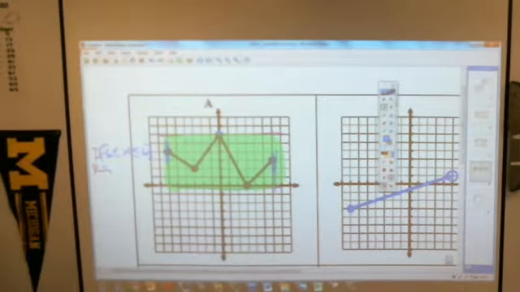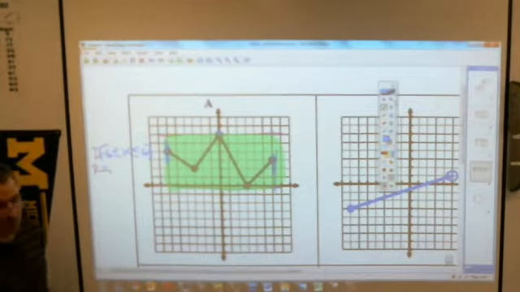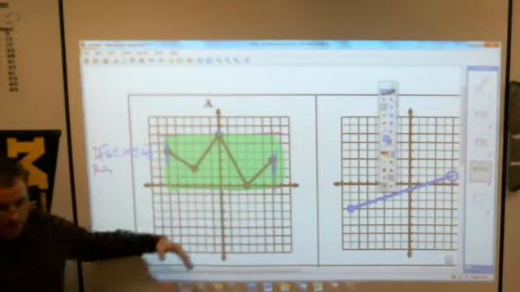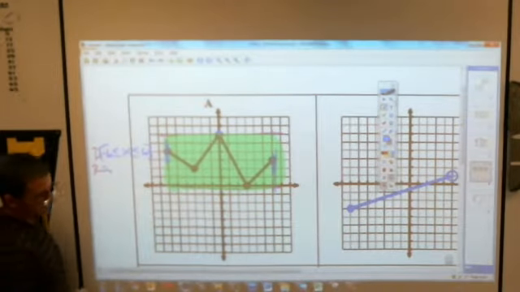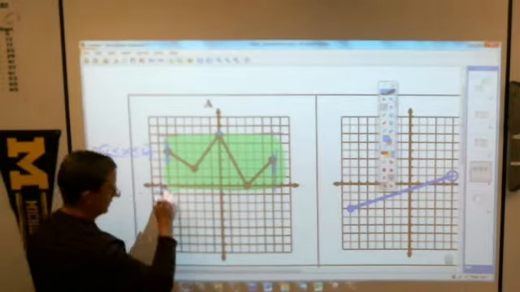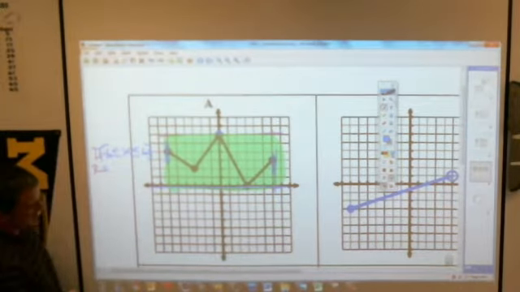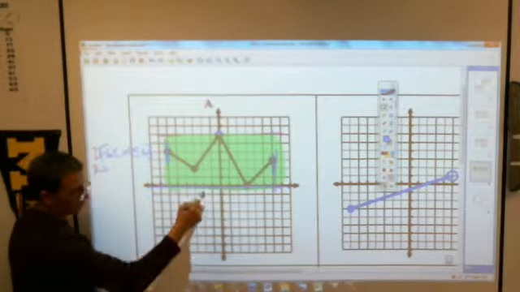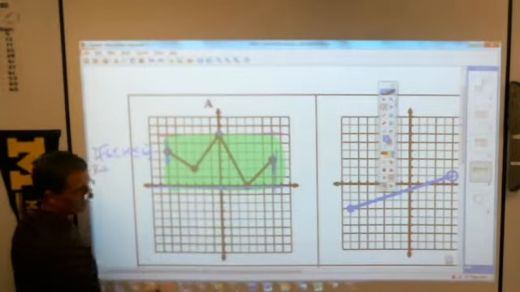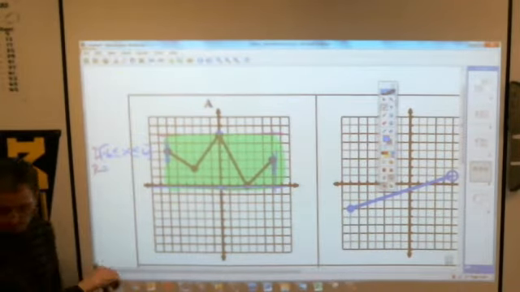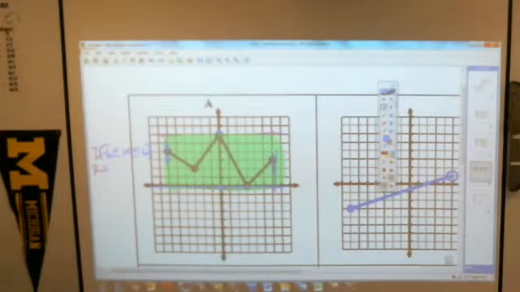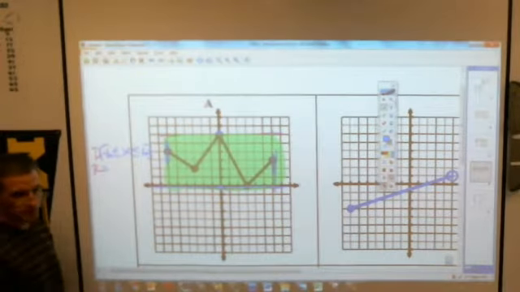How about my range? What's the smallest y can be? What's the lowest it goes? The axis is right here. Is that the axis? I think it is. What is y right here? Up and down. This isn't the axis, is it? Oh yeah, no, I'm right. What's the smallest y can be?